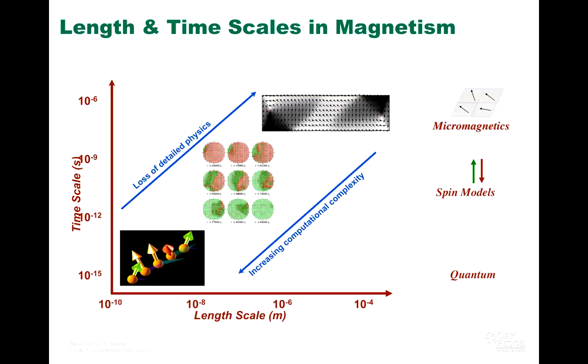But ultimately, for a real device, we have to go to length scales that approach the micrometer or even millimeter scale, and time scales that are on the order of milliseconds.